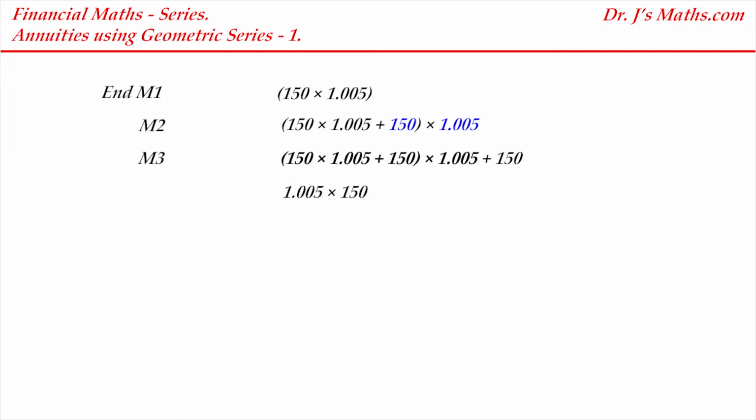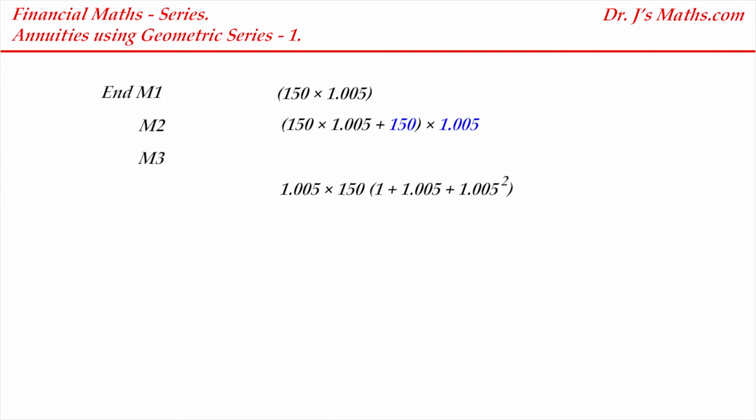So we factorise out the 150 and we're just left with 3 terms. So I'll rewrite those down. It's 1.005 squared by expanding the brackets, plus 1.005 plus 1, and then, just for convenience, I'll write them back around the other way.